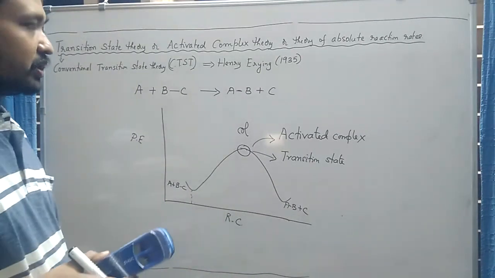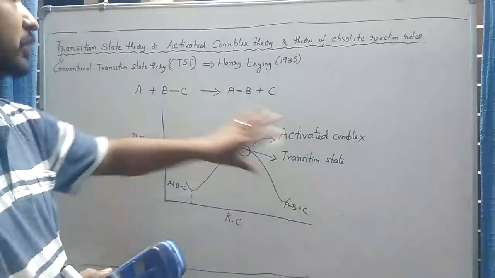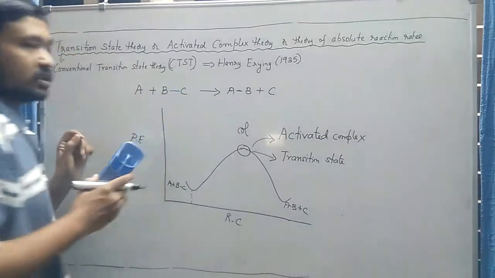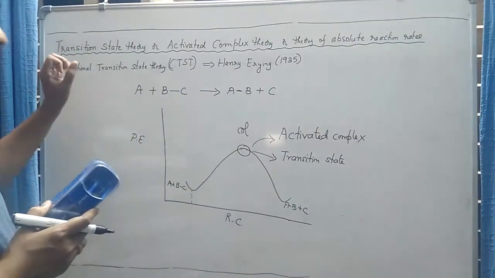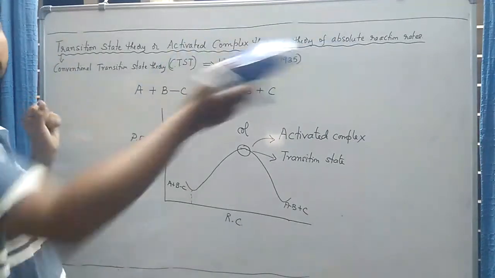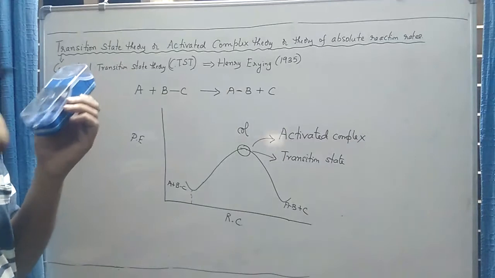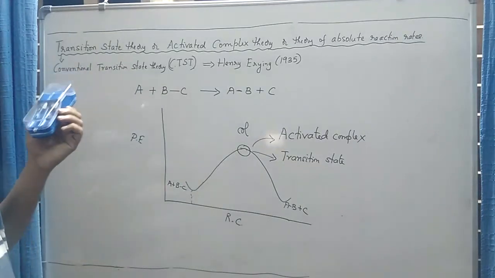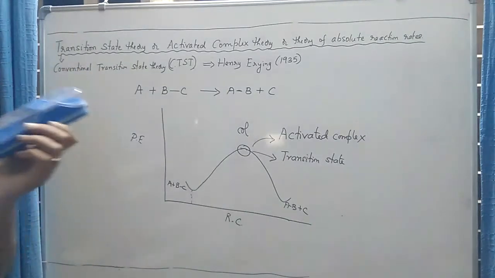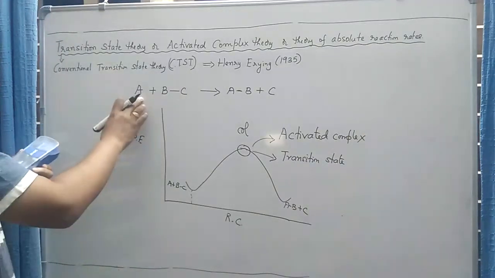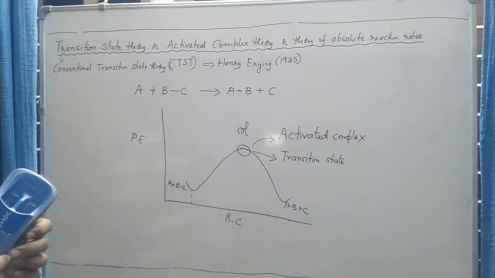So let us try to understand the structure of the activated complex by taking this simple chemical reaction. Let me take the two reactants. I have on one side a reactant A and on the other side reactant BC. Initially they are infinitely separated. When they are infinitely separated, the potential energy of interaction between the two reacting species, A and BC, will be equal to 0.